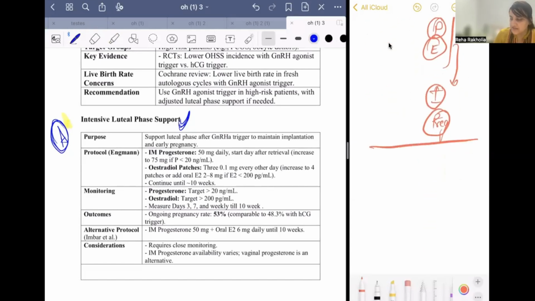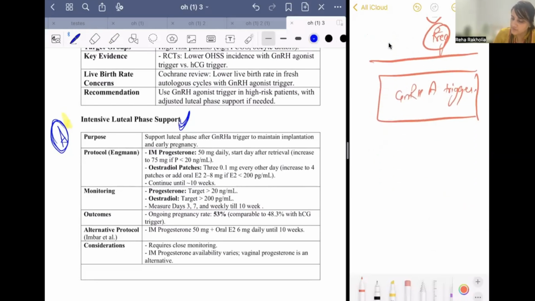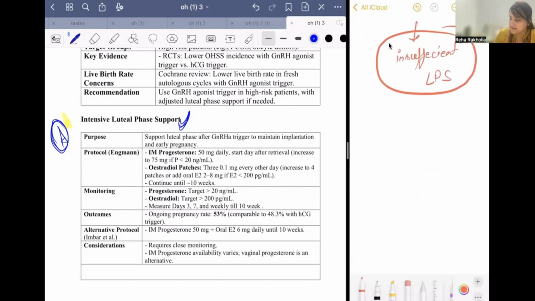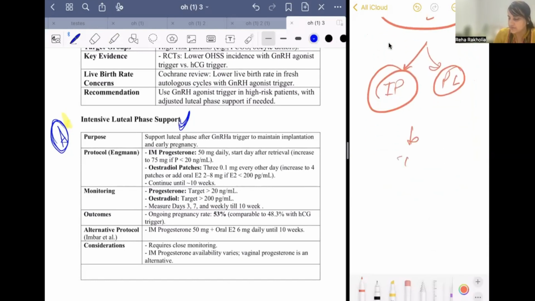After using GnRH agonist as a trigger, the natural luteal hormone support from the ovaries is often insufficient, increasing the risk of implantation failure and pregnancy loss. To prevent this, intensive luteal phase support is necessary.